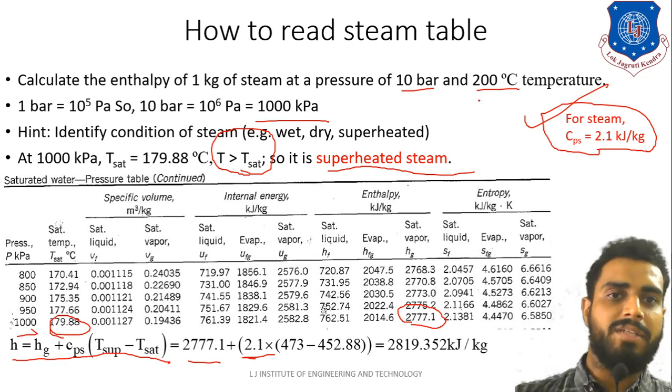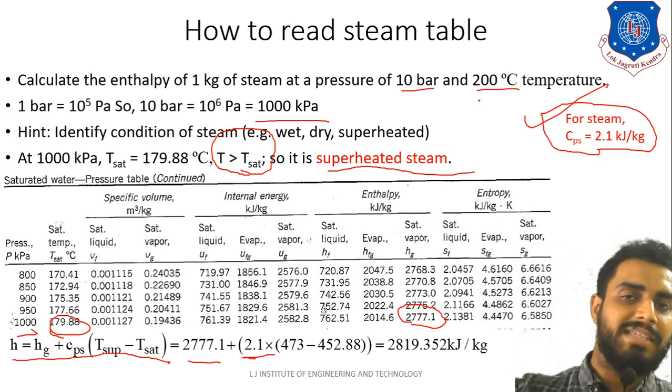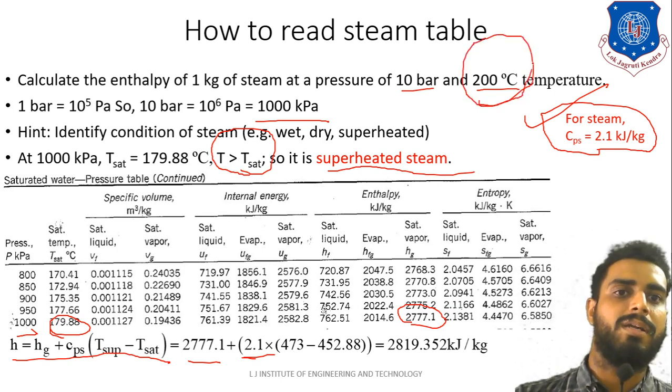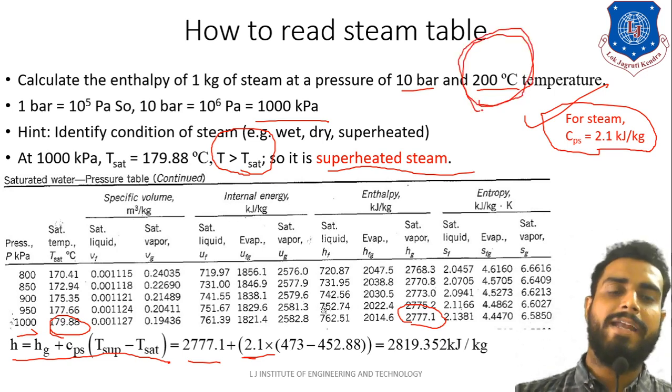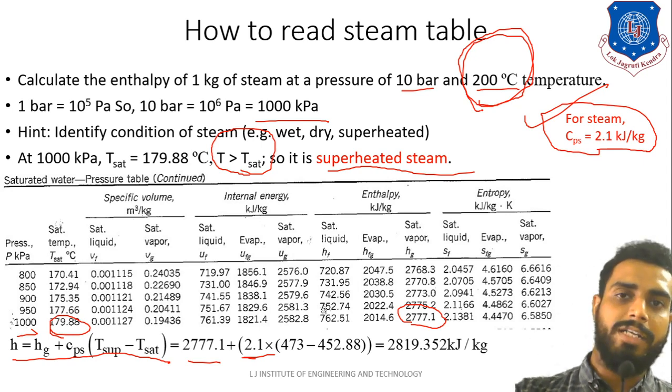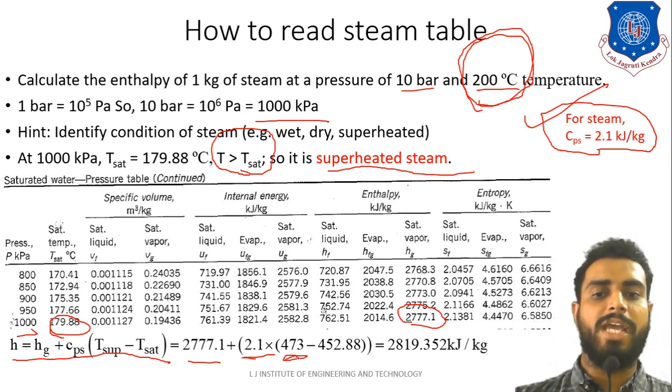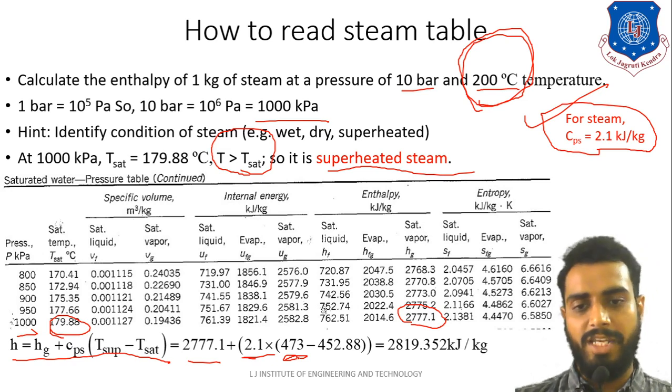If the given temperature is higher than the saturation temperature, then by default the given temperature will be the superheated temperature. So 200 degrees Celsius, and as I have said earlier, always use the temperature in Kelvin when you are dealing with thermodynamics. Here I have converted 200 degrees Celsius into Kelvin, that is 473 Kelvin.